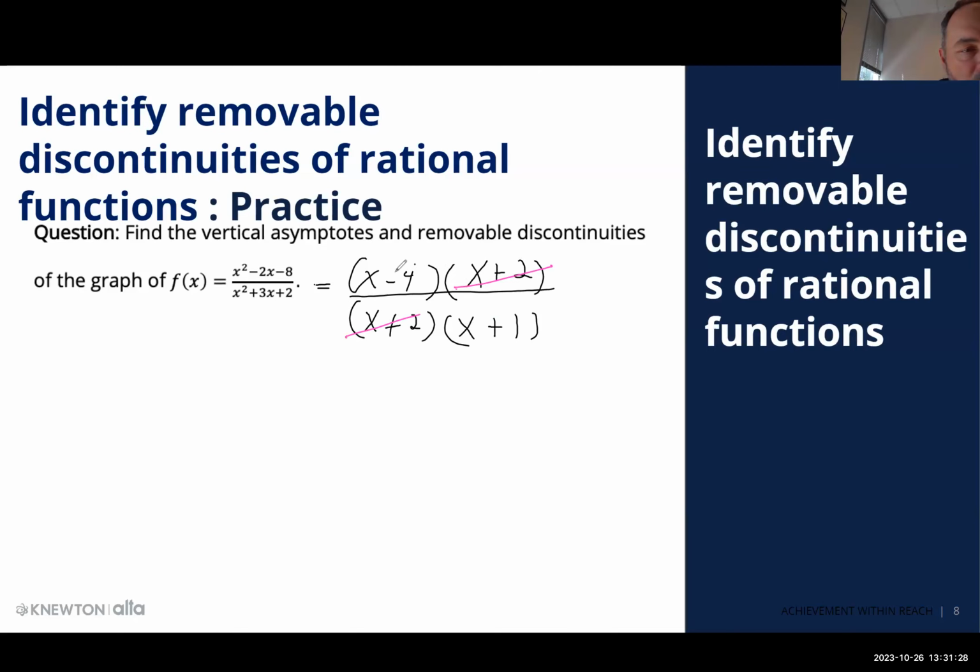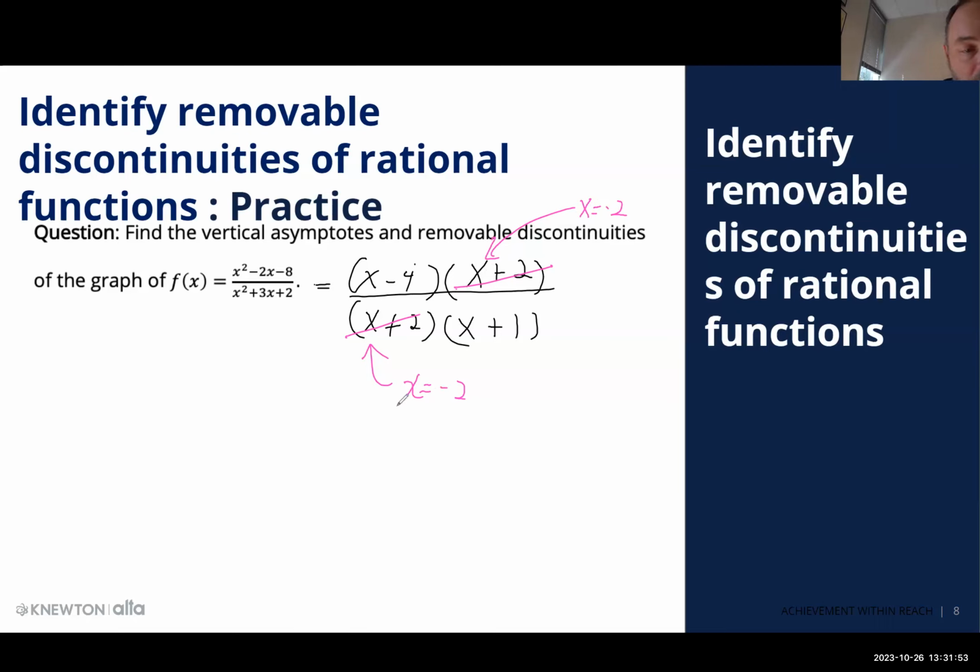And so what those actually produce is the value that makes them 0. So x equals -2, which is the same value over here. That's the value that's going to produce the removable discontinuity.